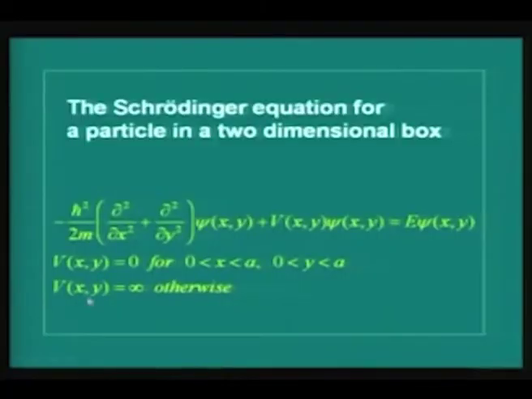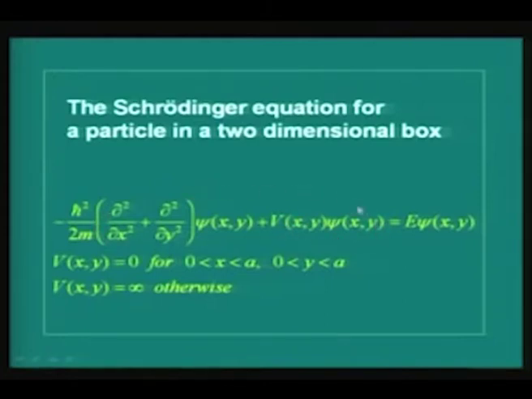So the model was that we will solve this particular problem: minus h bar square by 2m times dou square by dou x square plus dou square by dou y square, acting on psi of x y, which is nothing but the kinetic energy times psi of x y, plus V of x comma y times psi of x y, which is the potential energy times the wave function.